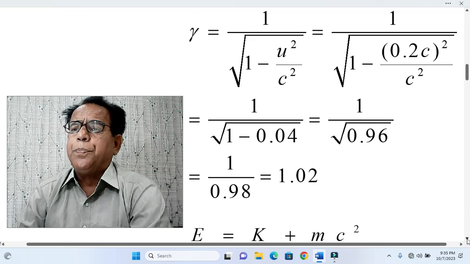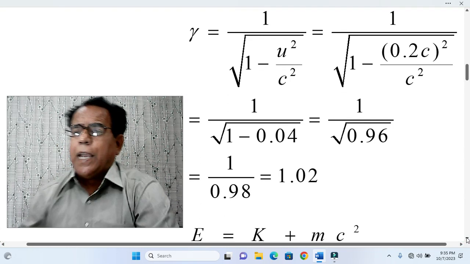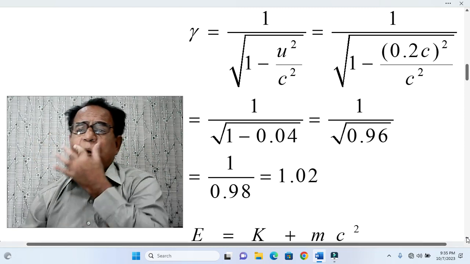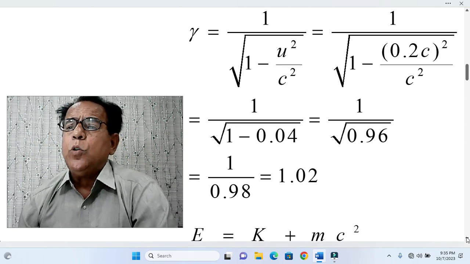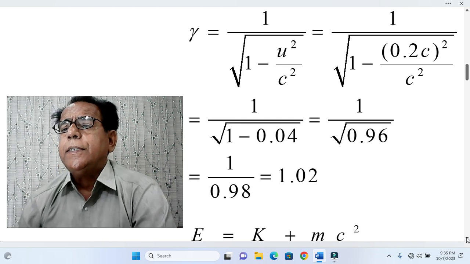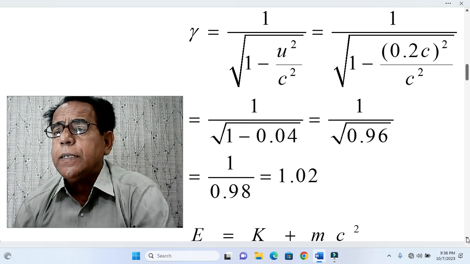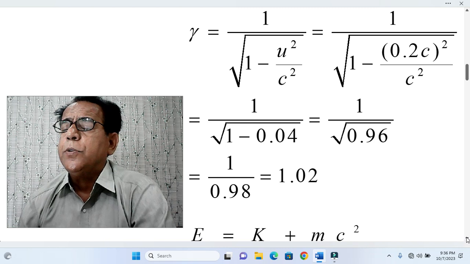First we find out the value of gamma, the Lorentz factor. Gamma is equal to 1 over under root 1 minus u square over c square. Here in place of u we put the value 0.2 c.